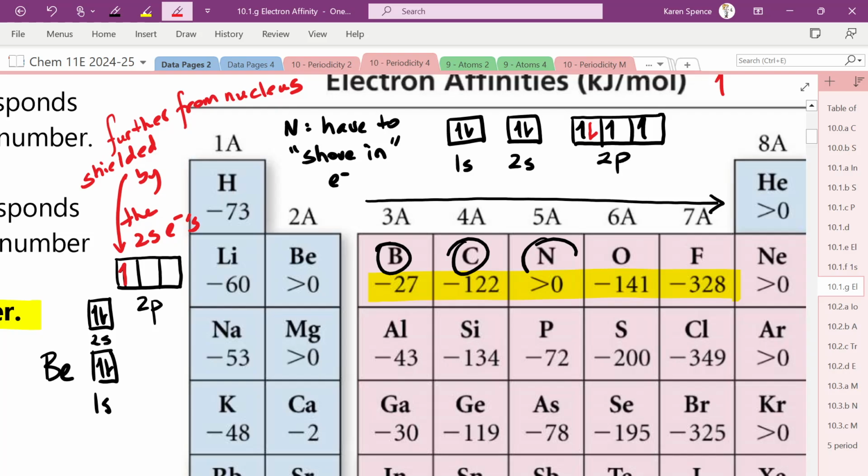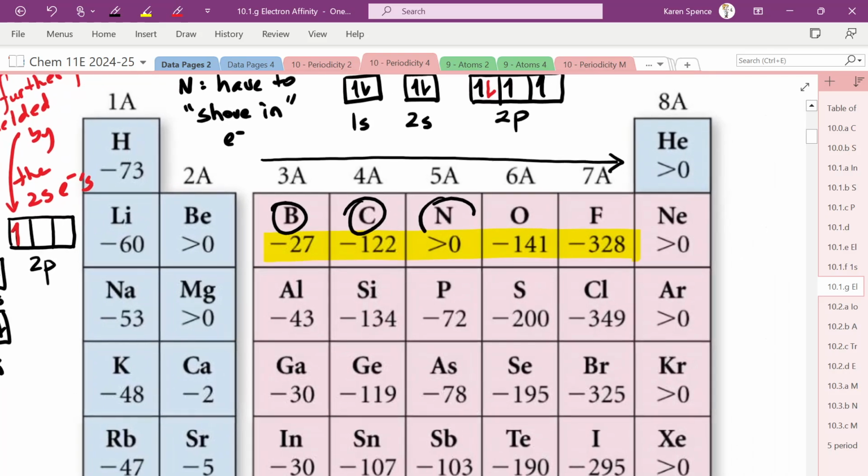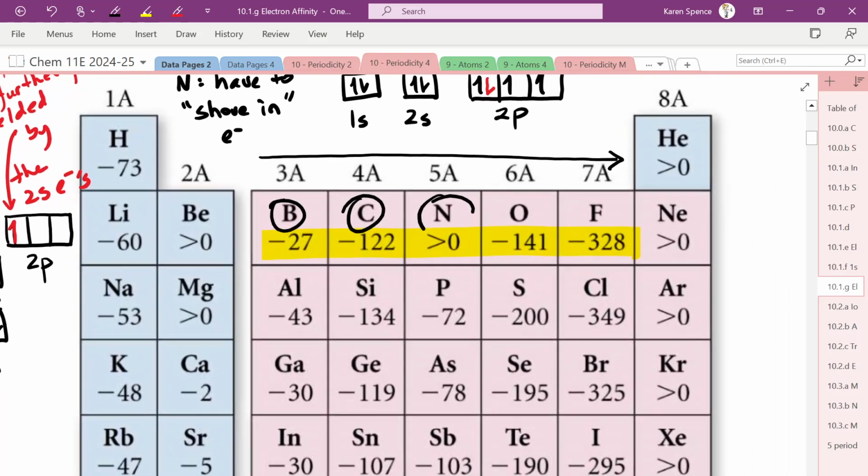Can you see anywhere else where we get a big spike? Magnesium. So that's going to be the same reason as beryllium, because it's going to have the same electron configuration, just one energy level higher, right? And you can see for nitrogen, phosphorus follows the same pattern. We get an upward trend and then we go down and then we go up again, right?